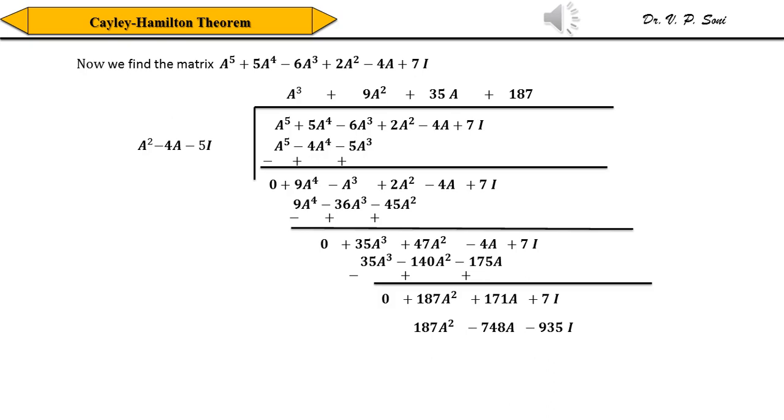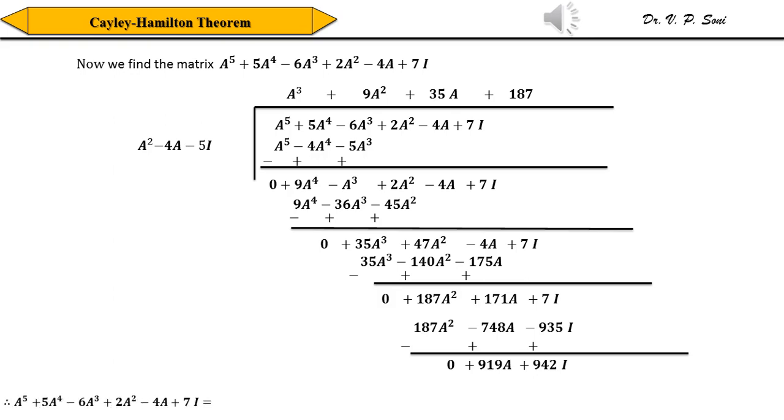Now subtract them, then we get 919A plus 942I, right? The remainder polynomial has degree 1. It is less than the degree of the divisor polynomial. So by the division algorithm, dividend equals divisor into quotient plus remainder.